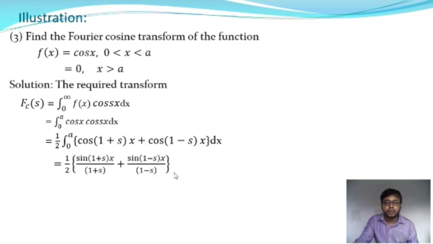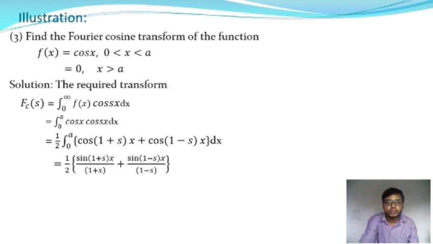If we put the lower limit 0, from these two we will get 0, since sin 0 is 0 as well as sin((1-s)0) is equal to 0. Therefore the Fourier cosine transformation of the function cos x in the interval 0 to a gives 1 by 2 into sin((1+s)a) by (1+s) plus sin((1-s)a) by (1-s).